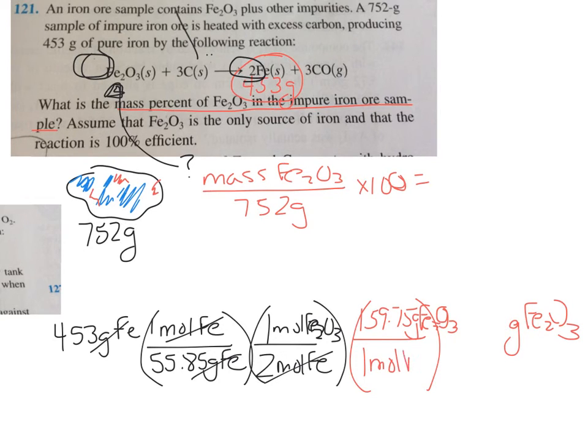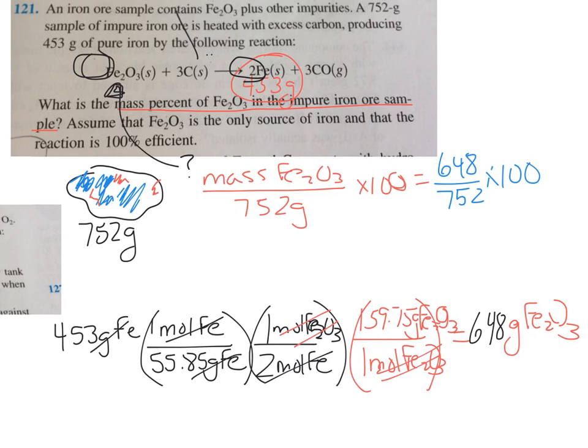And 1 mole of iron oxide cancels. So how many grams of iron oxide would you make? 648 grams. And that's the portion that's blue in this rock. It's 648 grams of this 752. So 648 over 752 times 100. And that's going to give you the mass percent that's in this rock. And it comes out to be 86.2% of the rock is iron oxide.